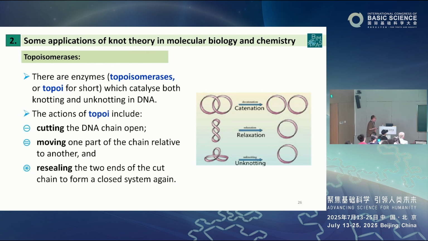The action of topoi includes three steps. One is cutting the DNA chain open at one place, then moving one part of the chain relative to another, and finally resealing the two ends of the cut chain to form a closed system again.